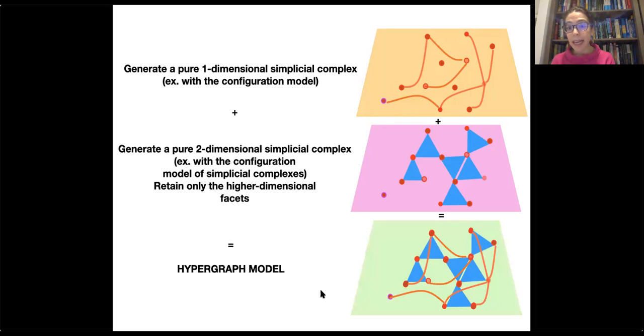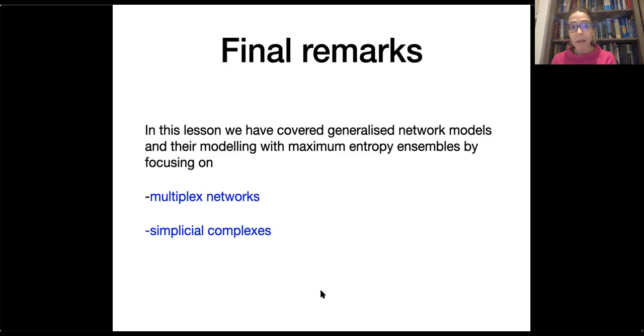Then we can consider the hypergraph formed by the aggregation of these two layers, so formed by the links in the first layer and the triangles in the second layer. If we want, we can have another layer for three-body interactions and so on. So here we close the loop and we see how we can use a multiplex construction to go from simplicial complex to hypergraph modeling.